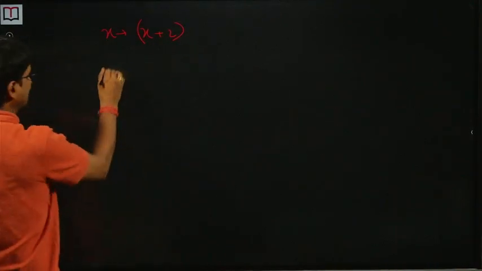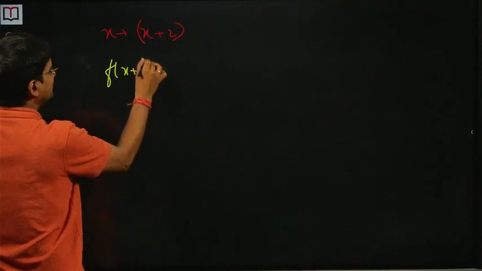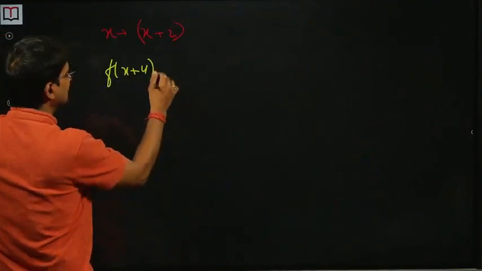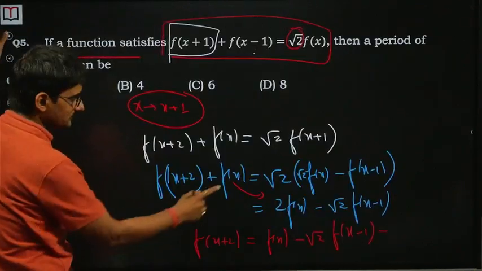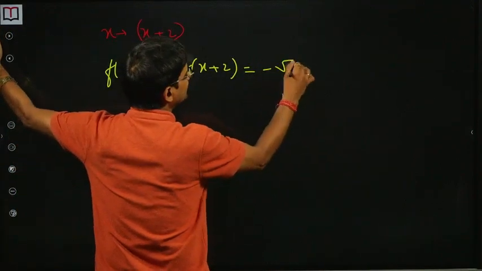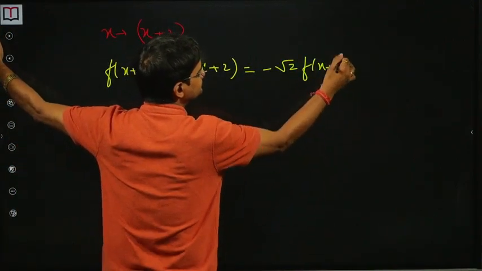So I will get f of x plus 4, bring it this side, minus f of x plus 2 is equal to minus root 2 times f of x plus 1.